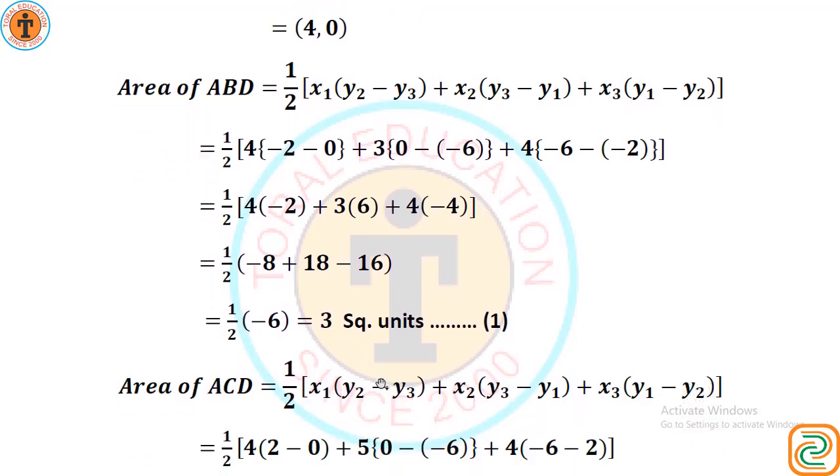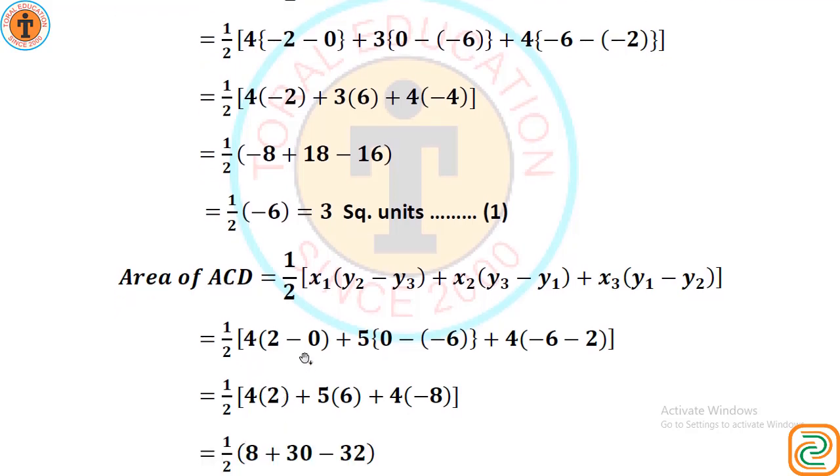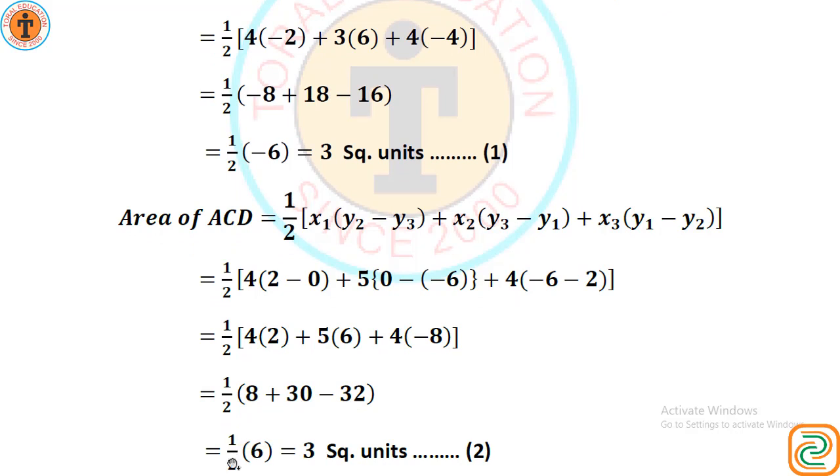Second, triangle ACD: half x1 (y2 minus y3) plus x2 (y3 minus y1) plus x3 (y1 minus y2). Same thing, we have taken the points A, C and D. Therefore we have 8 plus 30 minus 32. 8 plus 30 is 38, minus 32, we get 6, and half into 6 is 3 square units.